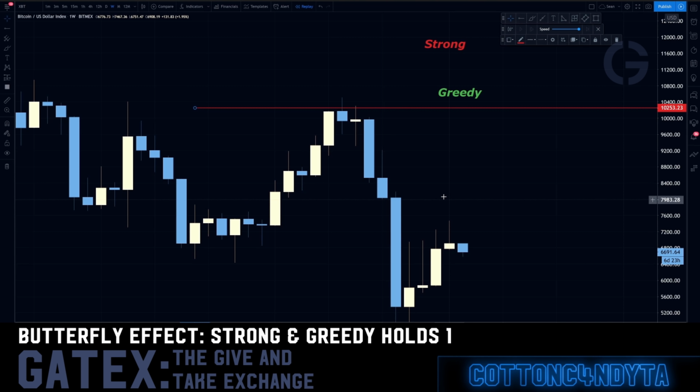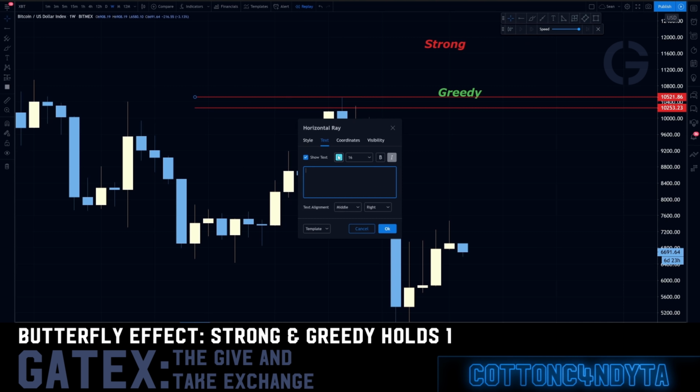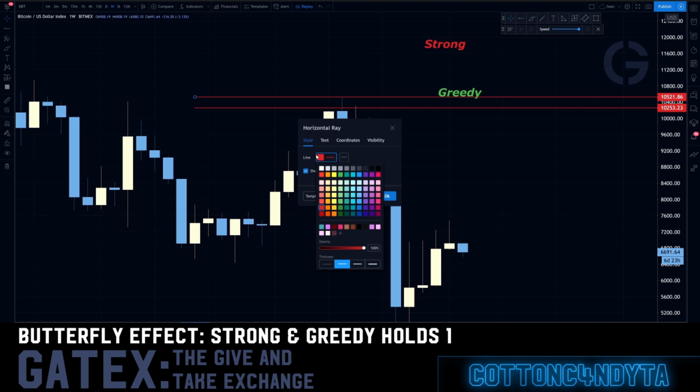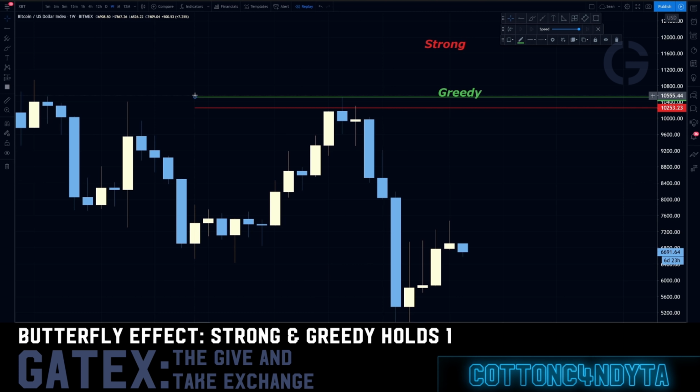And we're going to go green for the greedy ones. That's the text color we're changing. We need to actually change the color of the level. Right there, good. So we have two different types of levels, strong and greedy.